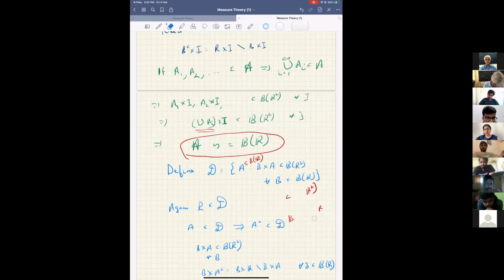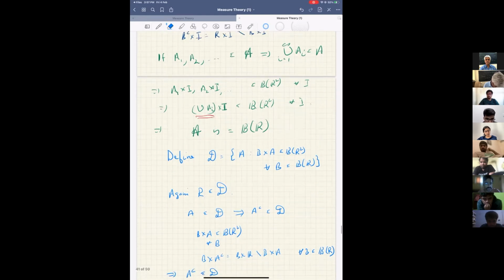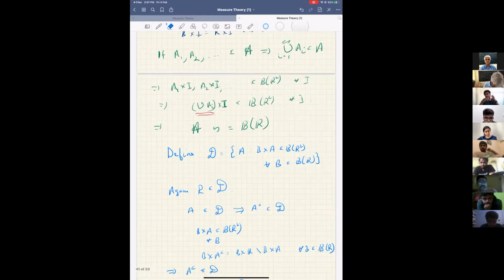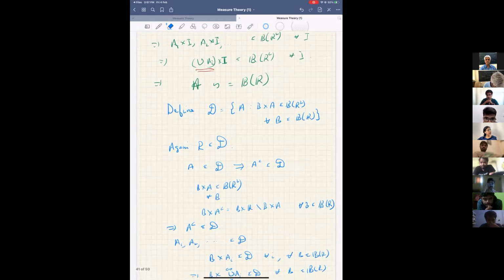Okay, and this is going to be exactly the same argument. Should work, I hope. So again, R is in D, because B cross R is going to be in B(R²). We just showed that. If A is in D, then A complement is in D. So if A is in D, that means B cross A is in B(R²) for all B in the Borel sigma algebra.